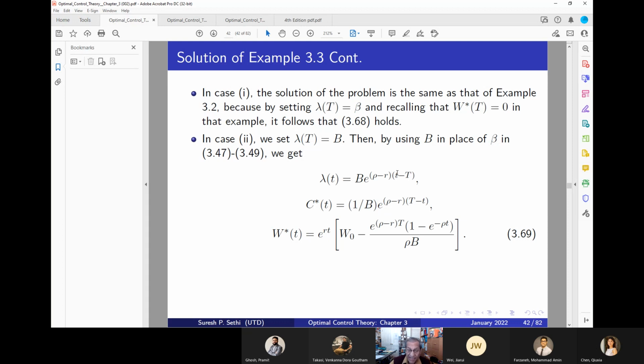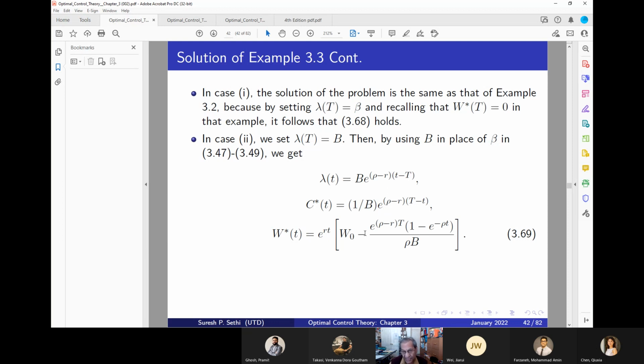So our C star t will be a little bit less than in the previous example. Because the previous example had just enough C star t that gave you the wealth at capital T to be 0. But now I'm consuming a little less, and whatever that consumption is, it will leave me some wealth.